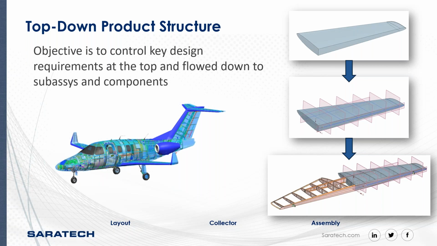So we want to make sure that we have a methodology to communicate not only interfaces, but those top level design requirements. So for this session, we'll take a look at the stabilizer and have that pulled from the rest of the subsystem with the rest of the aircraft, and then we'll grab that and we'll extrapolate down into one detailed part. So you'll get to see the product structure, an example of that.